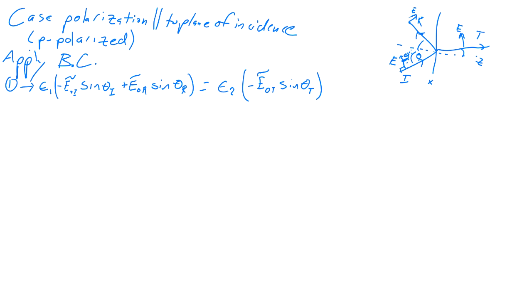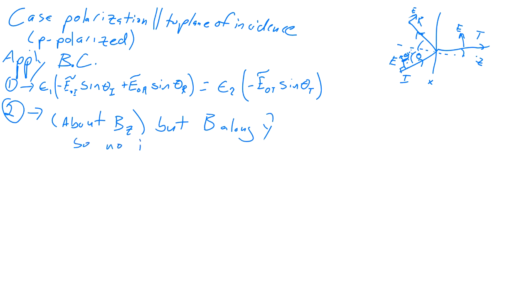Okay, so we got one piece of information. We'll come back and use that at some later point. We can look at boundary condition 2, which was about B sub Z. But B is entirely along the y-hat direction, so it's got no info from boundary condition 2.